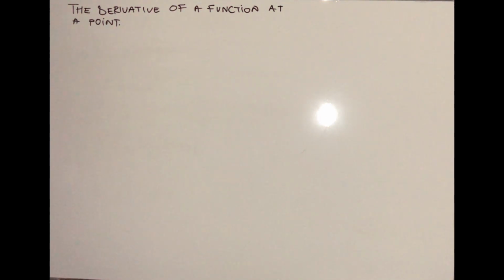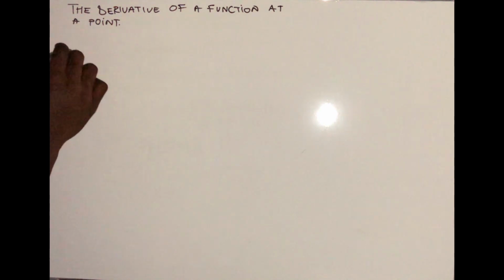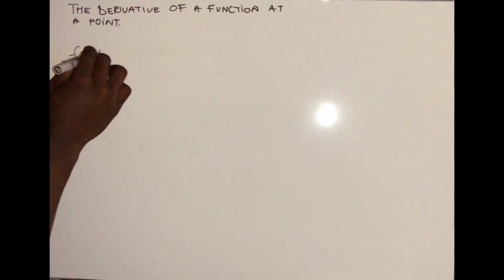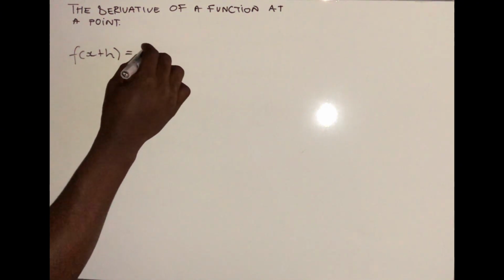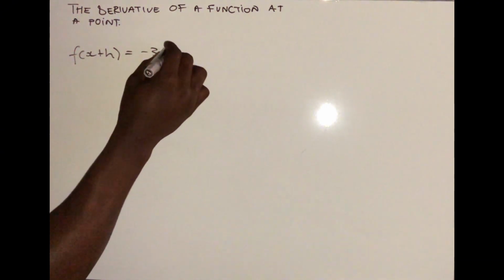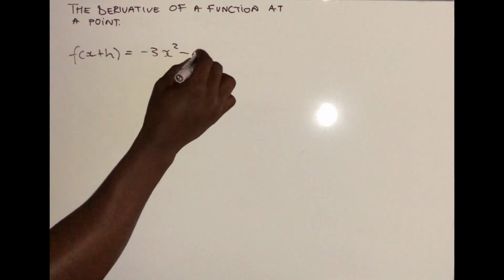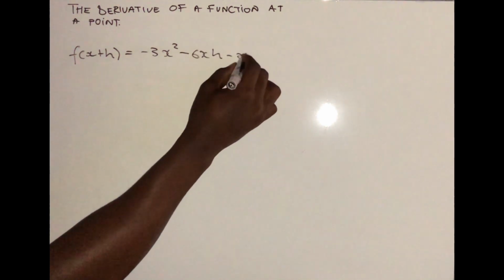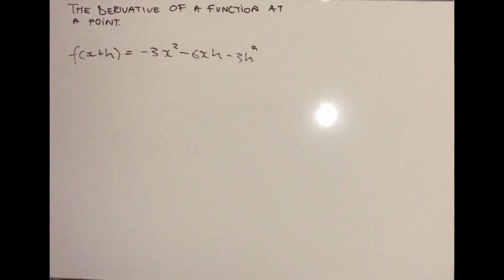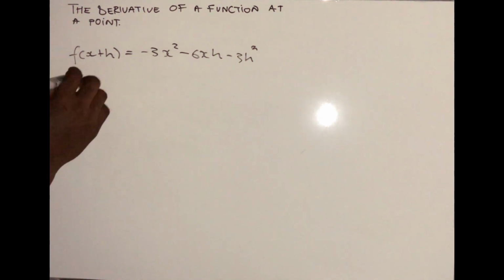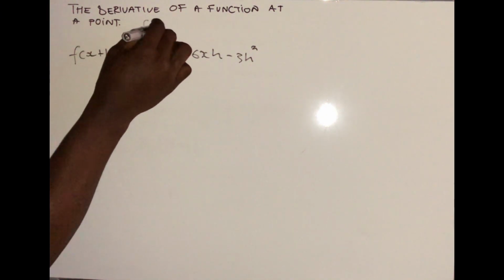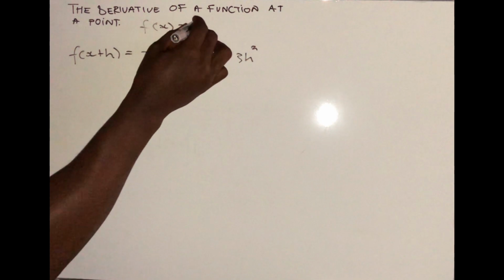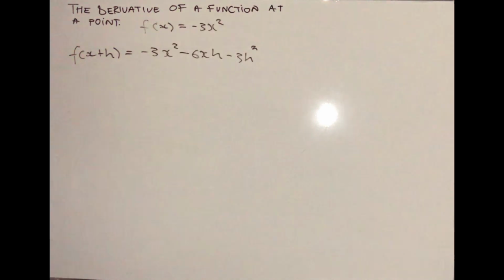We now have f of x plus h being negative 3x squared minus 6xh minus 3h squared. So this was f of x plus h, and f of x was negative 3x squared.